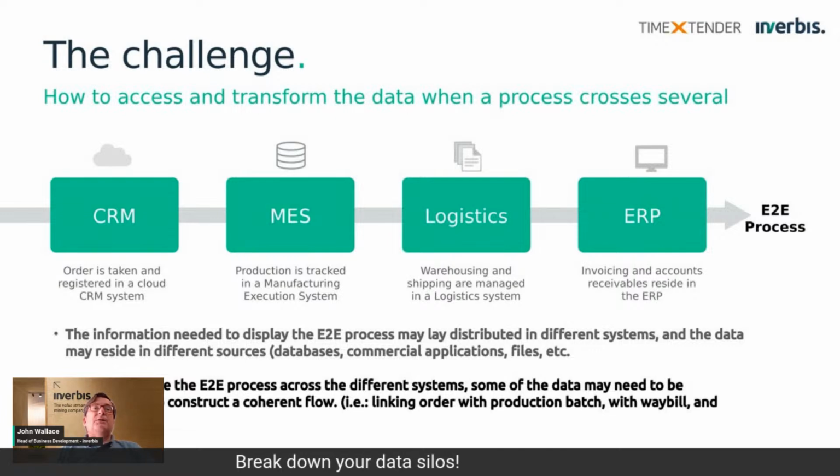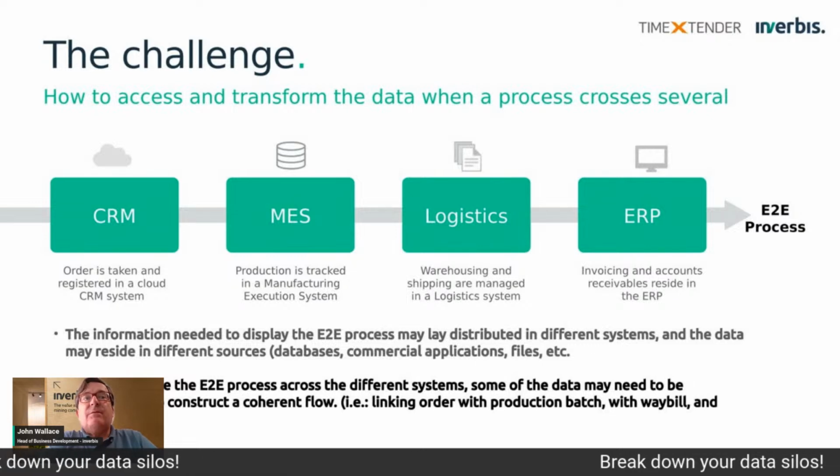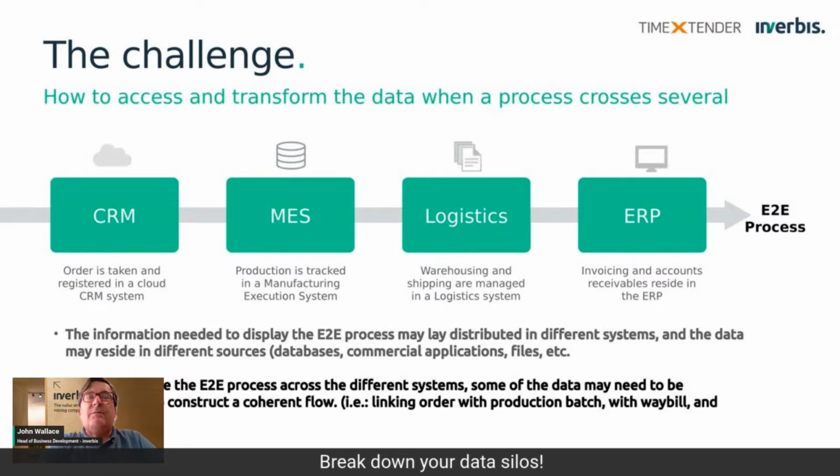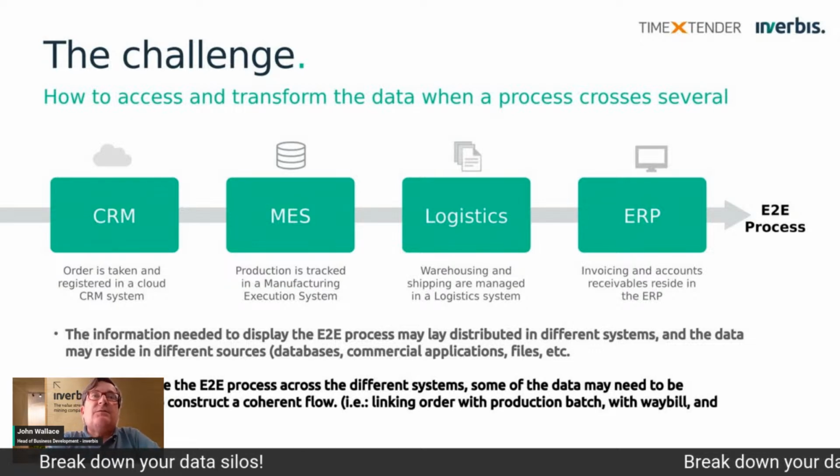If you have your process that's contained in just your ERP, for example, it's easier to access the information, to know where the information is in all the tables, and then to just construct a coherent view of the process from there.